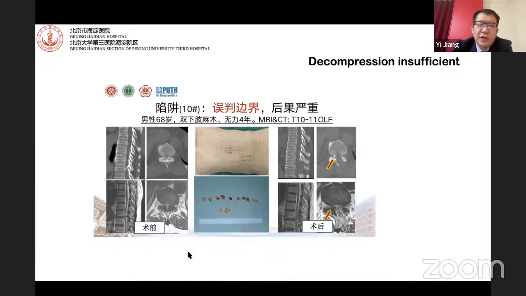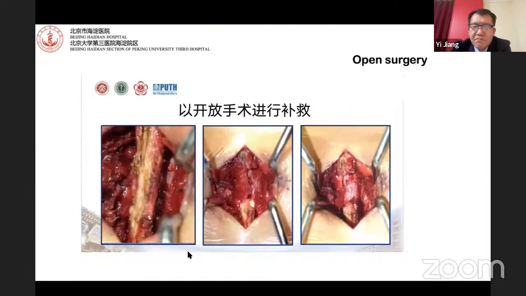So we selected open traditional surgery to do this again, maybe after seven days. This is the intraoperative picture. We can find the decompression was not good.